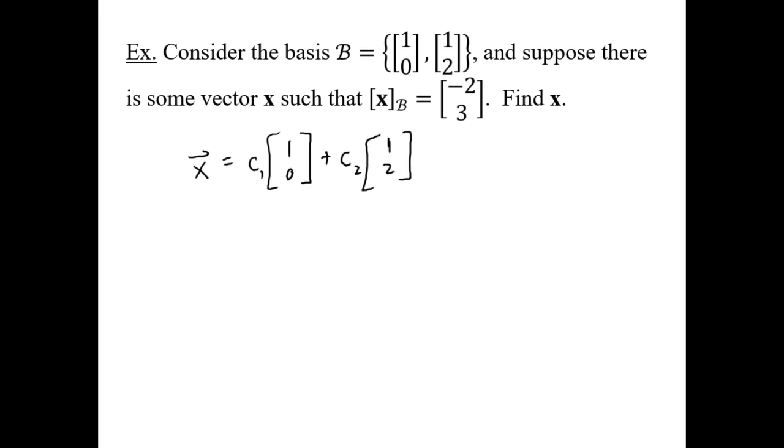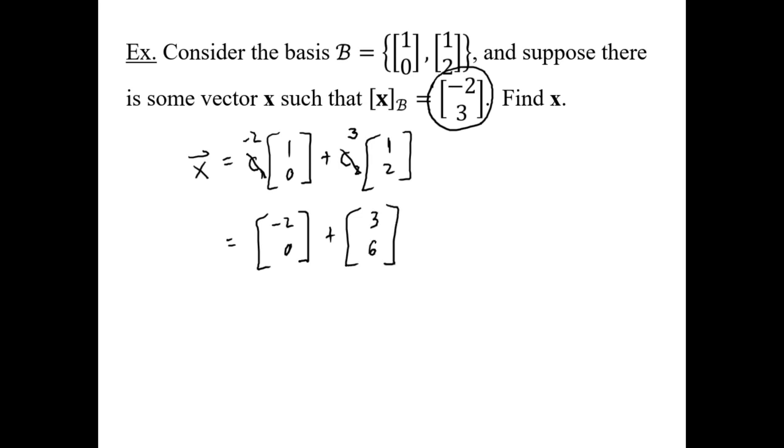And these coordinates are those coefficients. So this coefficient is -2, this coefficient is 3. So basically X is equal to -2 times (1, 0) plus 3 times (1, 2), and so the vector X we're looking at here is the vector (1, 6).